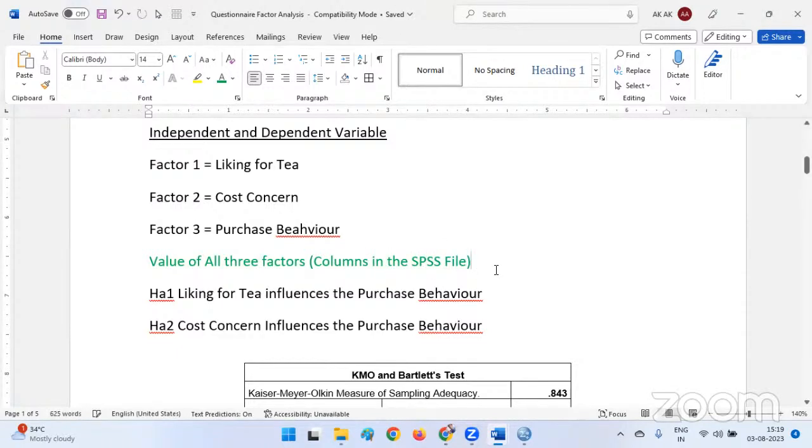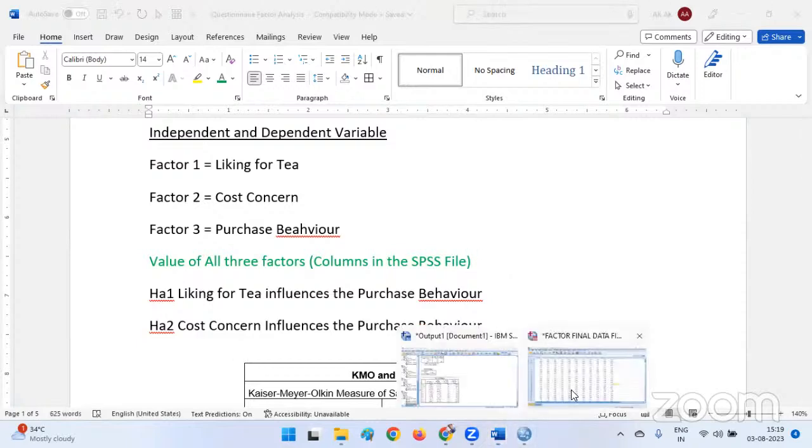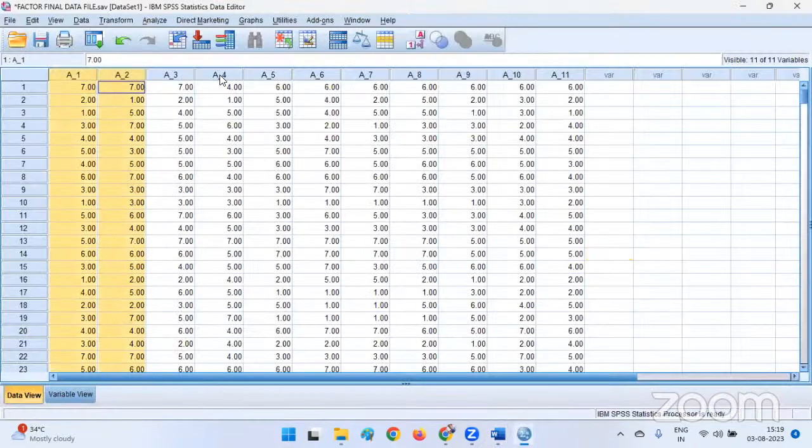Do we need it or not? Yes, we need it. But do we have it? No. We have the values of all these statements. The first factor is made by these 5, the second by these 3, and the third by these 3.